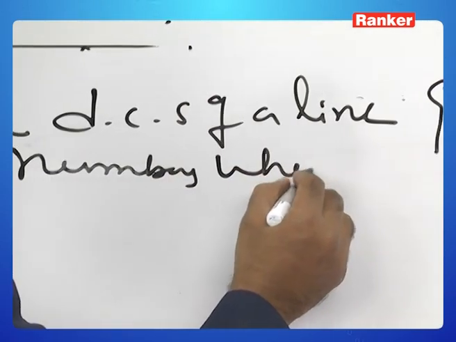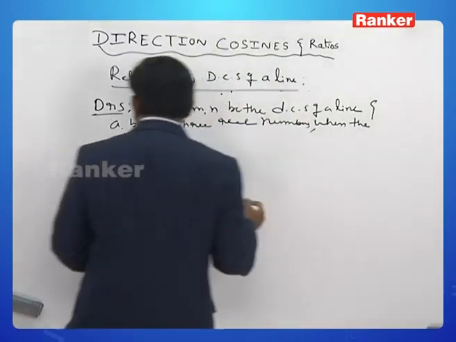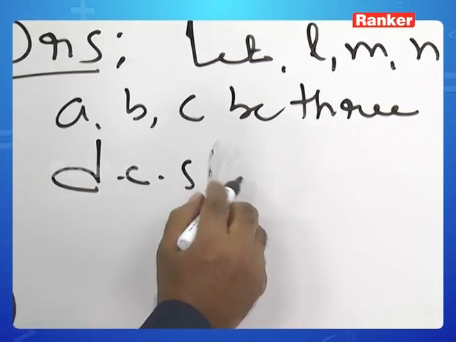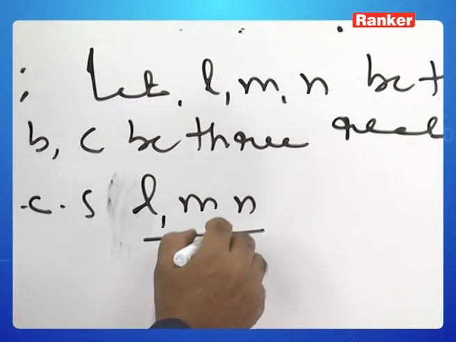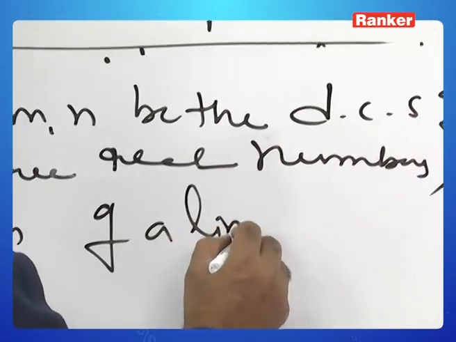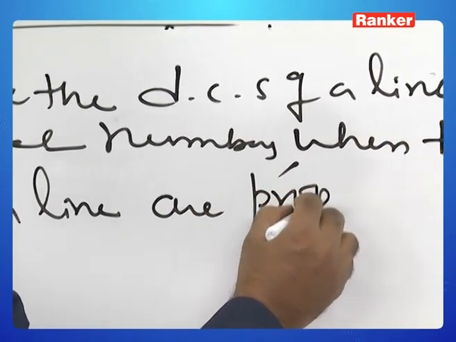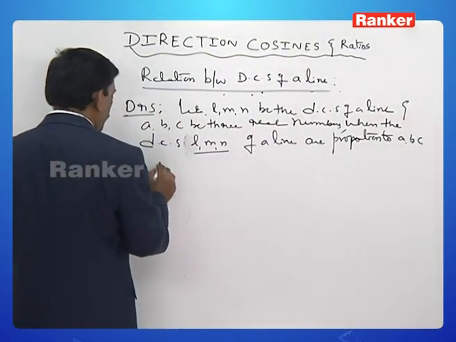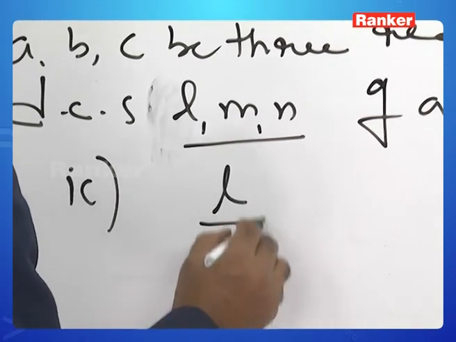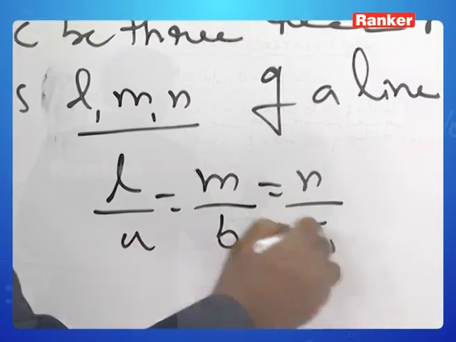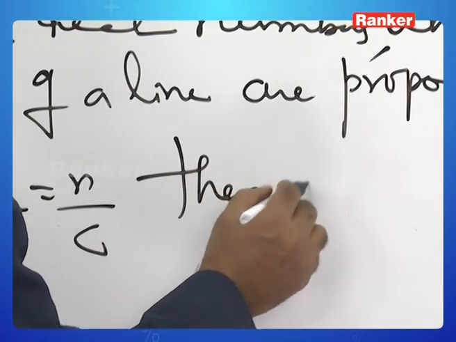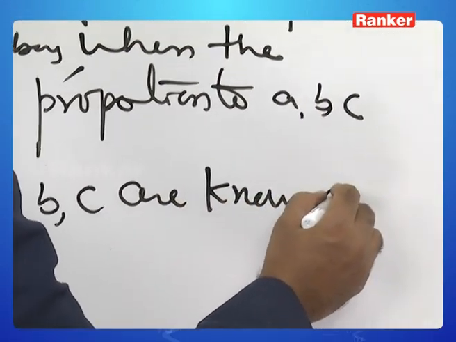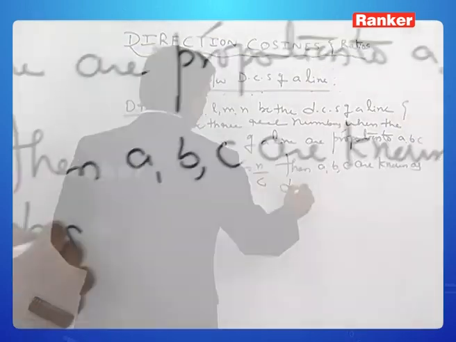Then when the DCs L, M, N of a line are proportional to A, B, C, that is L by A, M by B, N by C, then A, B, C are known as DRs of a line.